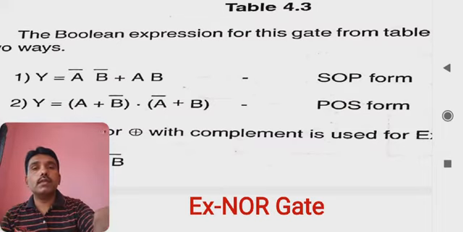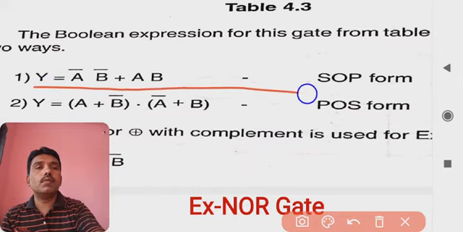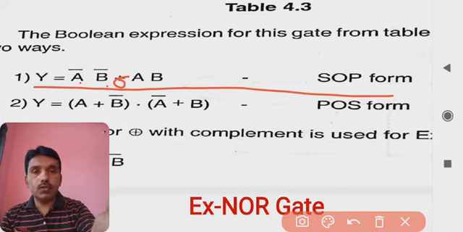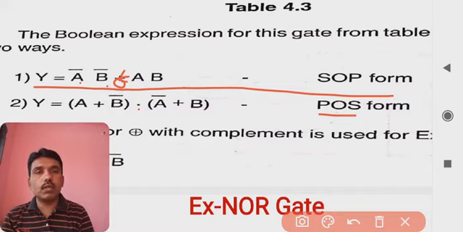So as far as the sum of products SOP is concerned, Y output is A complement and B complement, or means addition, A and B. And for the POS, the product of sums, the product is going on for the sums, and here the sum is going on for the products, and that is why it is SOP and POS.